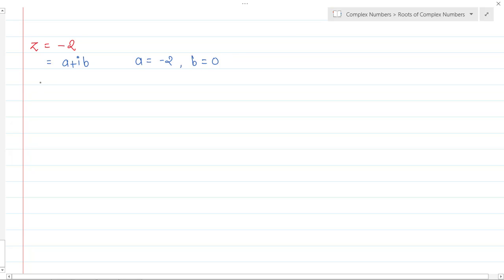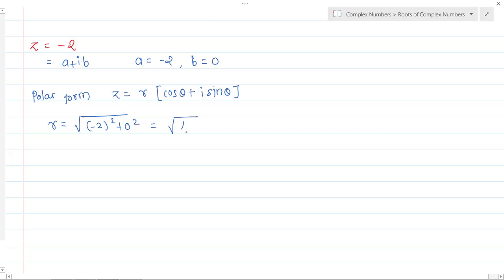Perfect. So the polar form is z is equals to r into cos theta plus i sin theta. Let's find out what is r. r is equals to root of a square plus b square. So -2 square plus 0 square, which is root of 4, so the answer is 2.